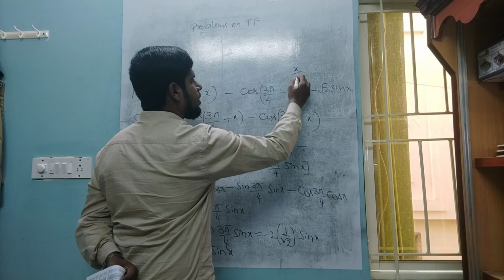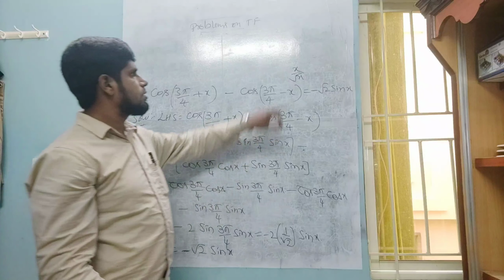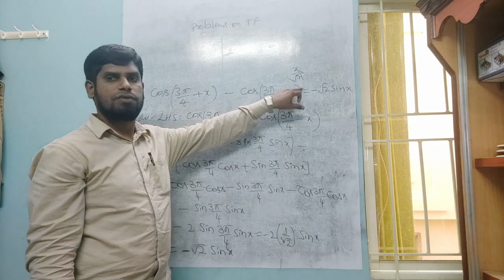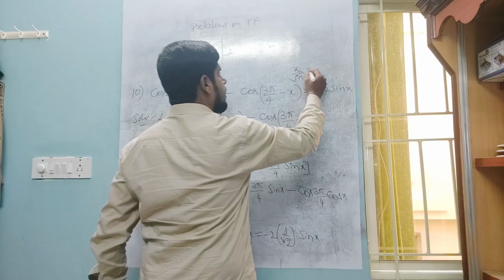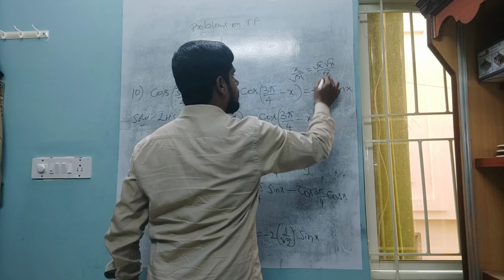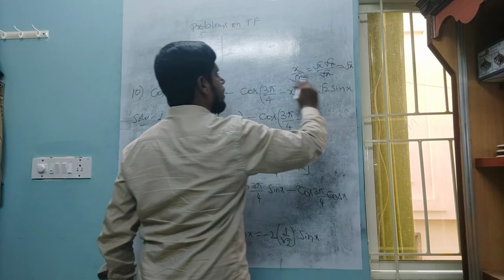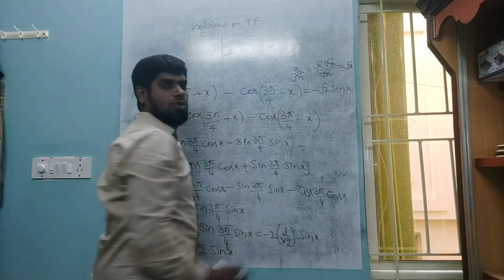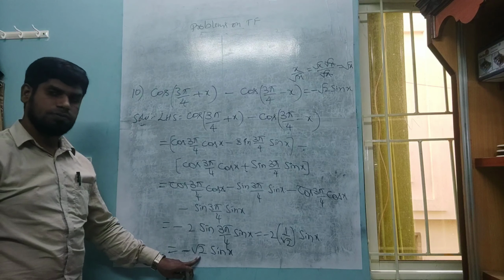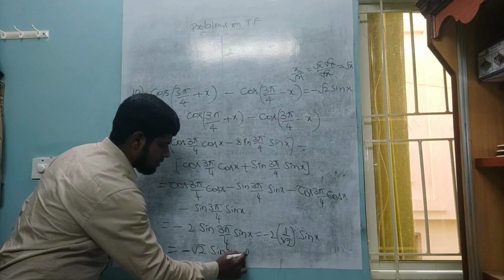If you have x divided by root x, both having the same number, but the numerator is without root and the denominator is with root, then x can be written as root x into root x divided by 1 times root x. Root x gets cancelled, so the answer is root x. So x by root x is root x. In the same way, 2 by root 2 is root 2 into sin x, and minus, this is our RHS.